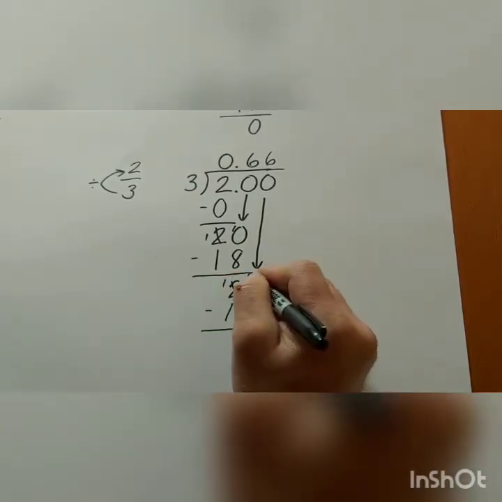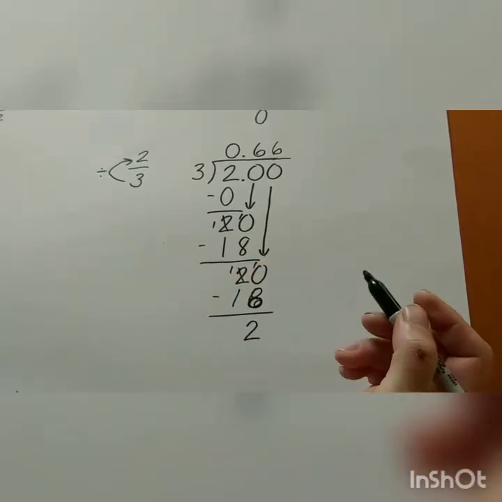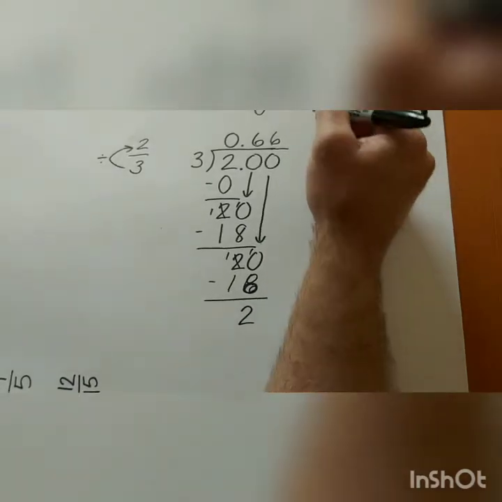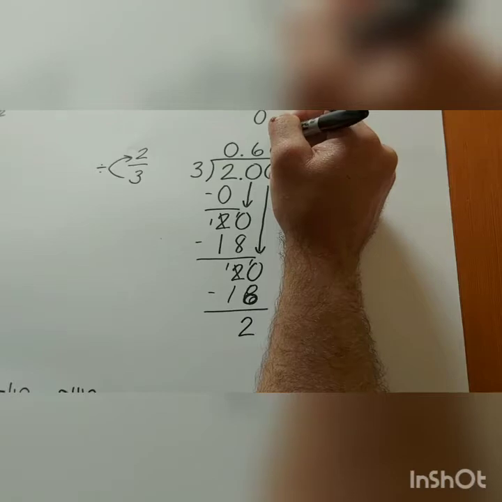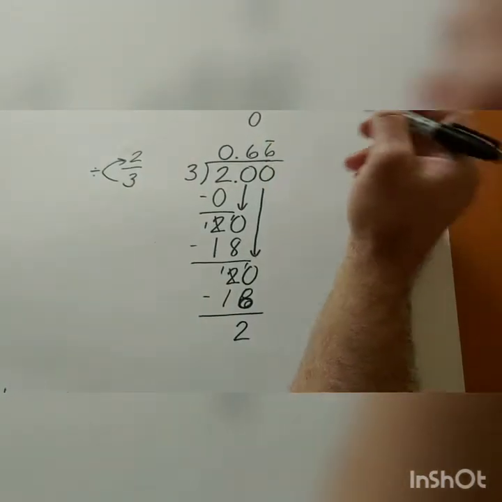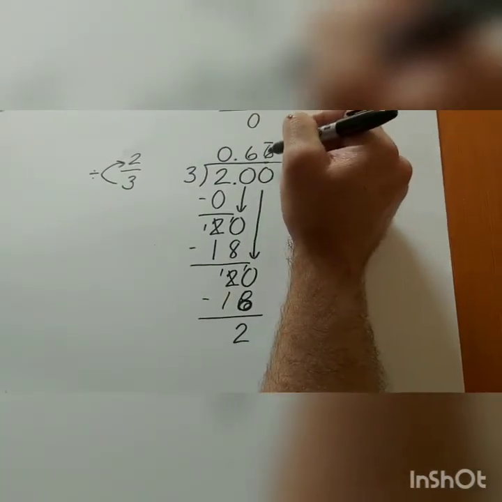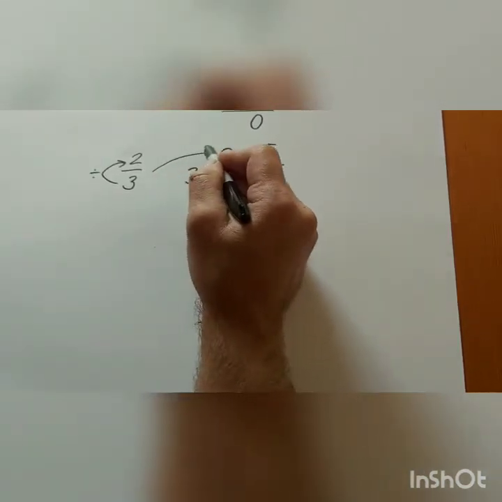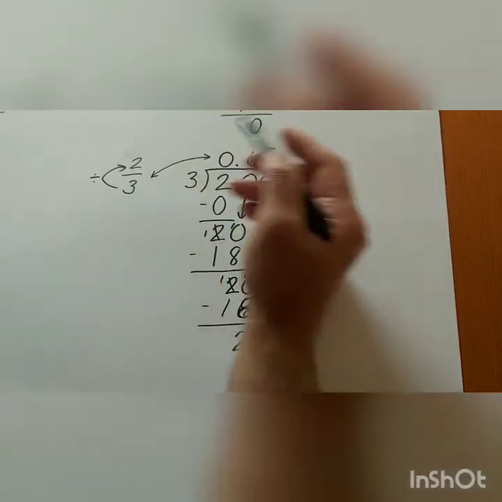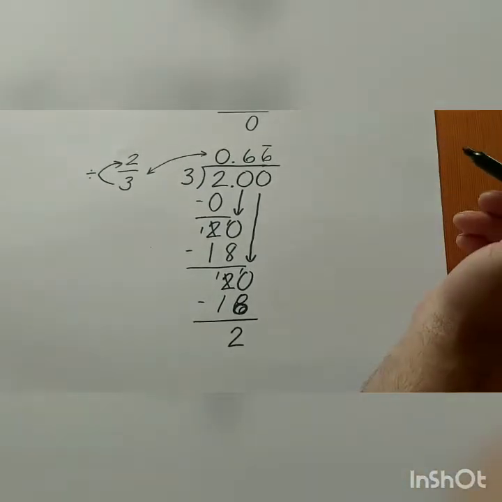We're going to keep getting 20s. And so in this case, you might remember we're going to add a little hat showing that the sixes just keep repeating. But again, this is turning a fraction into a decimal point and vice versa.